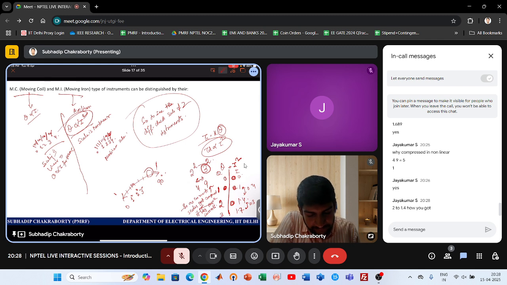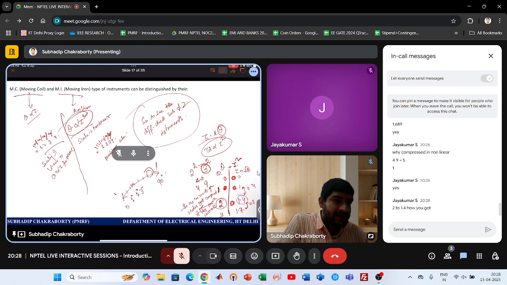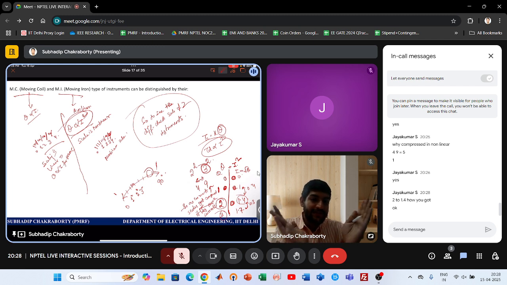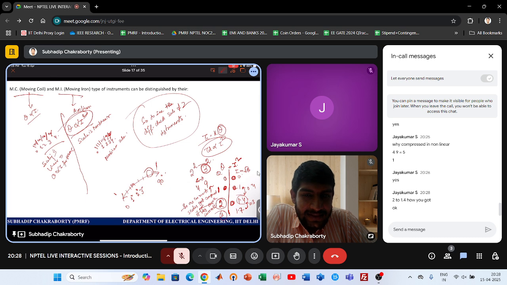Because theta is I square, so what is I? I is root theta. So if theta is 2, I is 1.4. Similarly, if theta is 3, I is 1.7. Now you see, initially for that 1 degree you have 1 to 1.4 current, which is a little more, but for 2 to 3 you had a little less current.